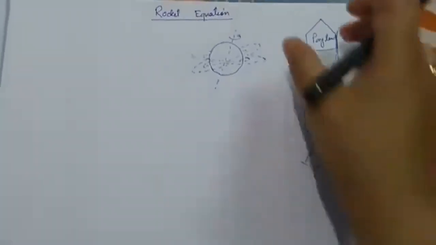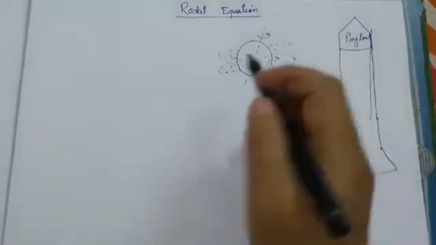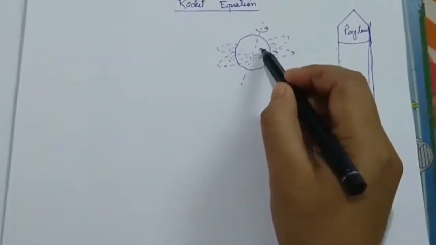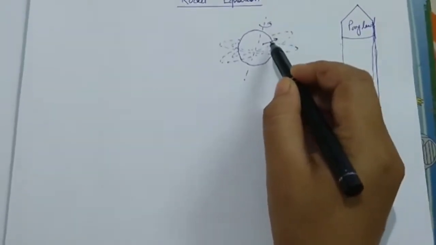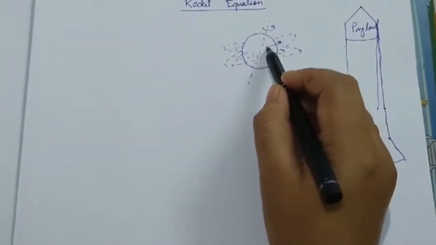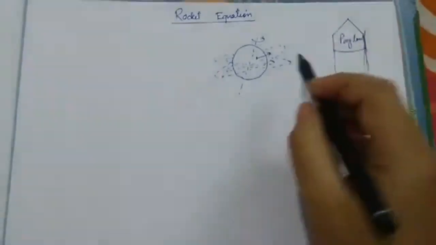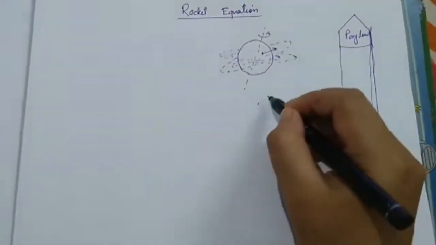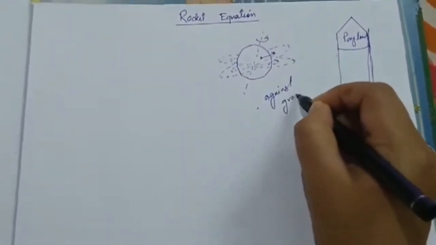Fine, this is the body of the rocket. Now you see that when the rocket will be moving from Earth's surface into this area, sorry, this is a lower Earth orbit, as I told you already. Suppose the rocket is leaving Earth's surface to reach a certain orbit. All these things are being done against what? Gravity, isn't it?